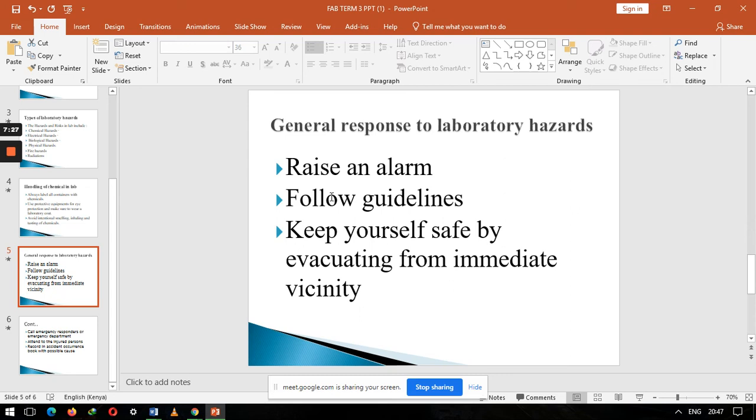Mercy, I can see your hand up. You should keep yourself safe by evacuating from the immediate vicinity. Thank you. If any damage has occurred in the laboratory, like the fire example, you don't stand there waiting for the fire to reach you. You just have to identify the emergency exit and exit from that place to keep yourself safe.